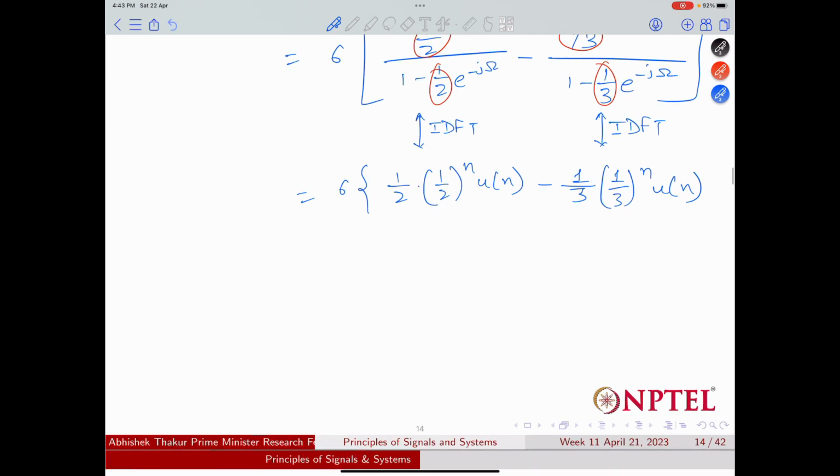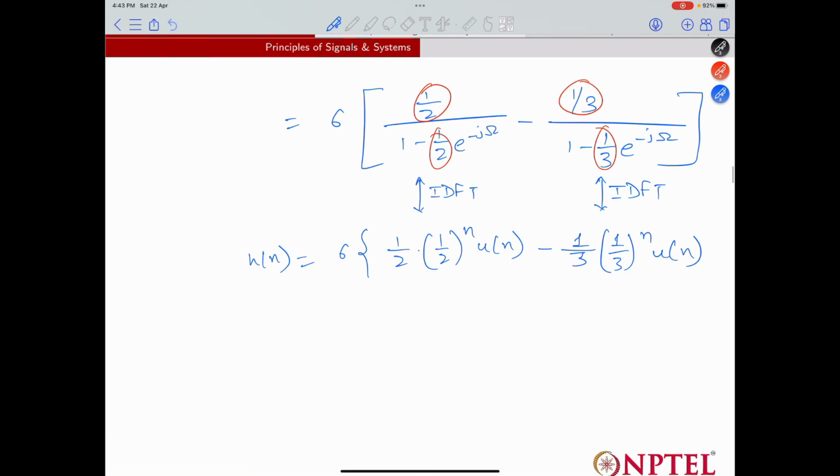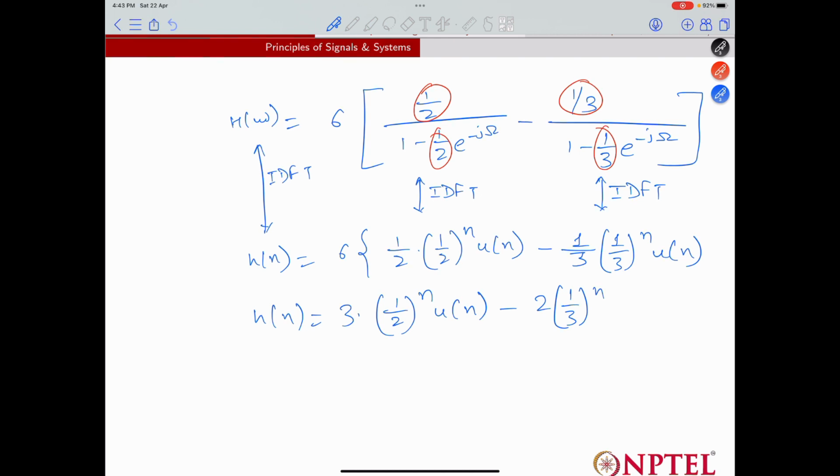So this is our h[n], because when you do the IDFT of H of omega, we get h[n]. So h[n] is equal to simply 3 into (1/2) to the power of n u[n] minus 2 into (1/3) to the power of n u[n]. So this is our h[n].